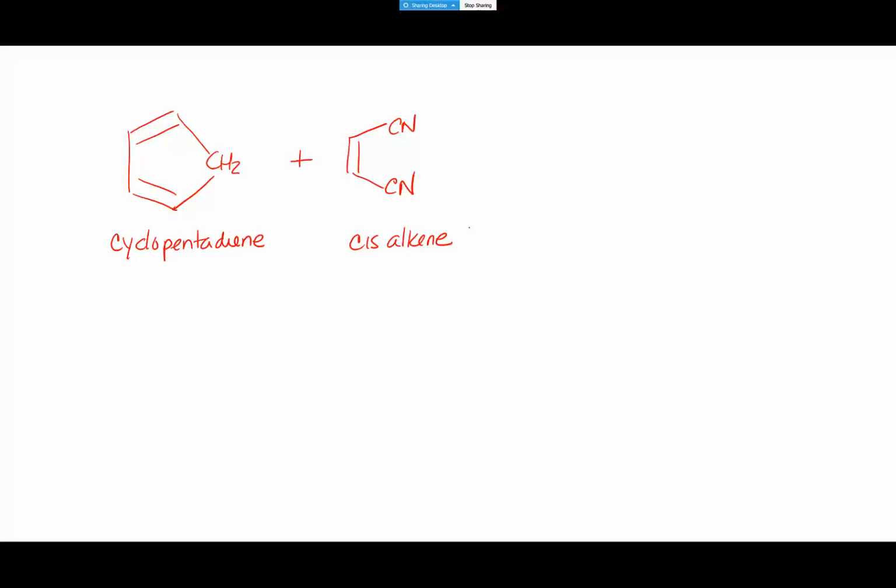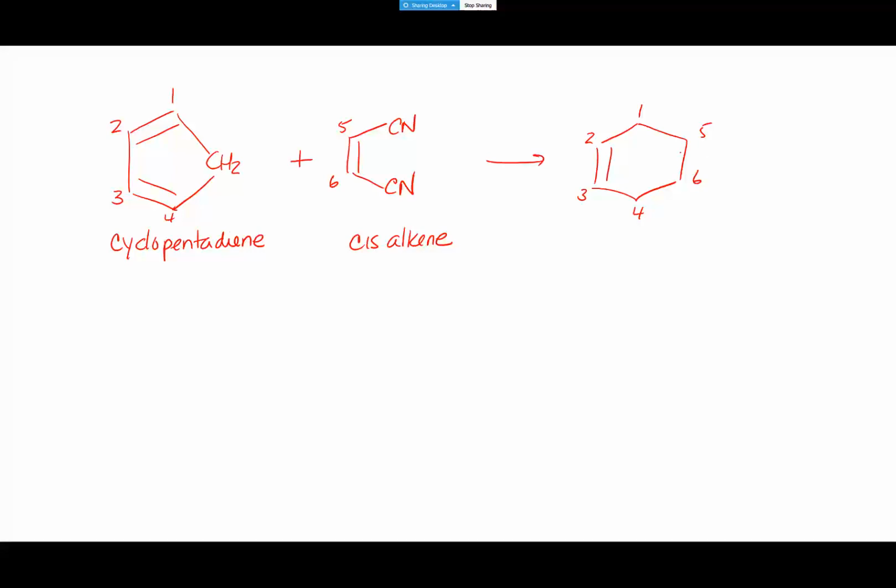You're going to make a 6-membered ring with a bridge. So again, if I go 1, 2, 3, and 4, and 5 and 6, I'm going to end up forming 1, 2, 3, 4, 5, and 6, double bond between carbons 2 and 3.